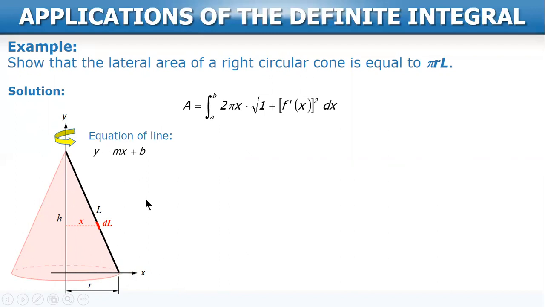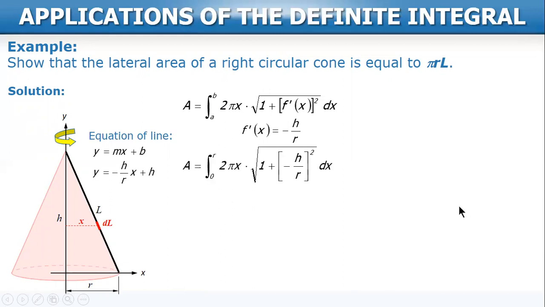Rise over run, so the slope is negative h over r. This is our equation of the line: y equals negative h over r x plus h. The derivative is negative h over r, a constant. Okay, that's our first derivative, the derivative of y, or f prime of x.